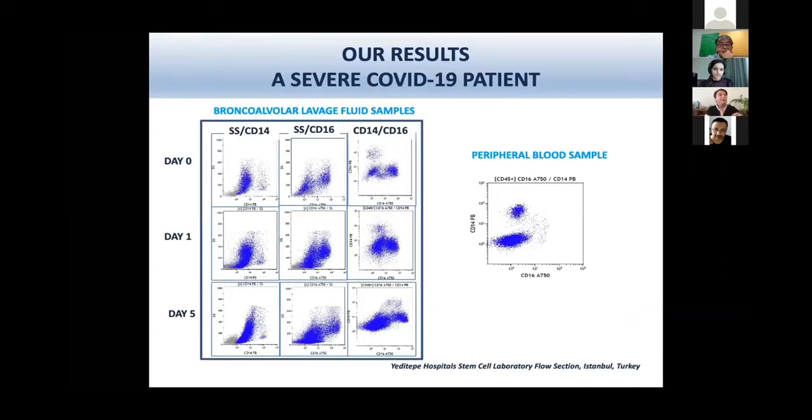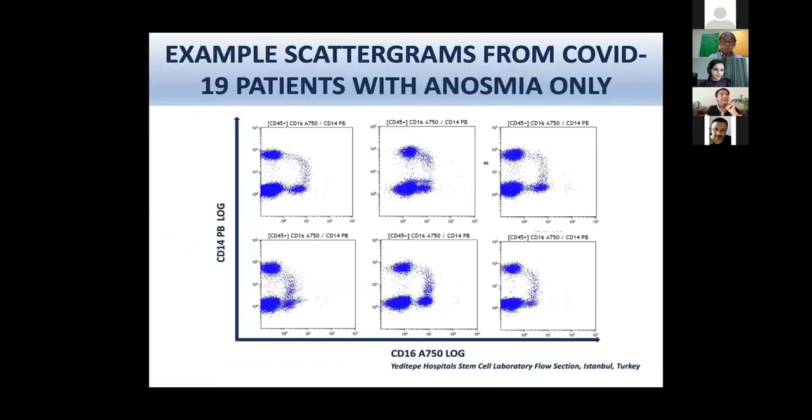This is what we have obtained from the bronchoalveolar lavage fluids in a COVID-19 patient. As you can see, the classical monocytes are increased. Because this is a severe patient, there is a very small number of non-classical ones. And this is interesting because we have collected samples from anosmia patients in COVID-19.